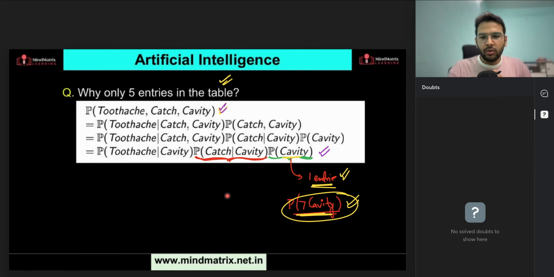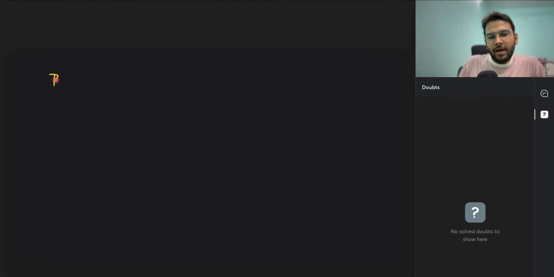Madhav is saying 2. Okay. Yes, Abhas, Manjunath, Chandana, and everyone. What do you think? Okay, let's consider this now. What do we have? Probability of catch given cavity. Yes or no? This is what we have.